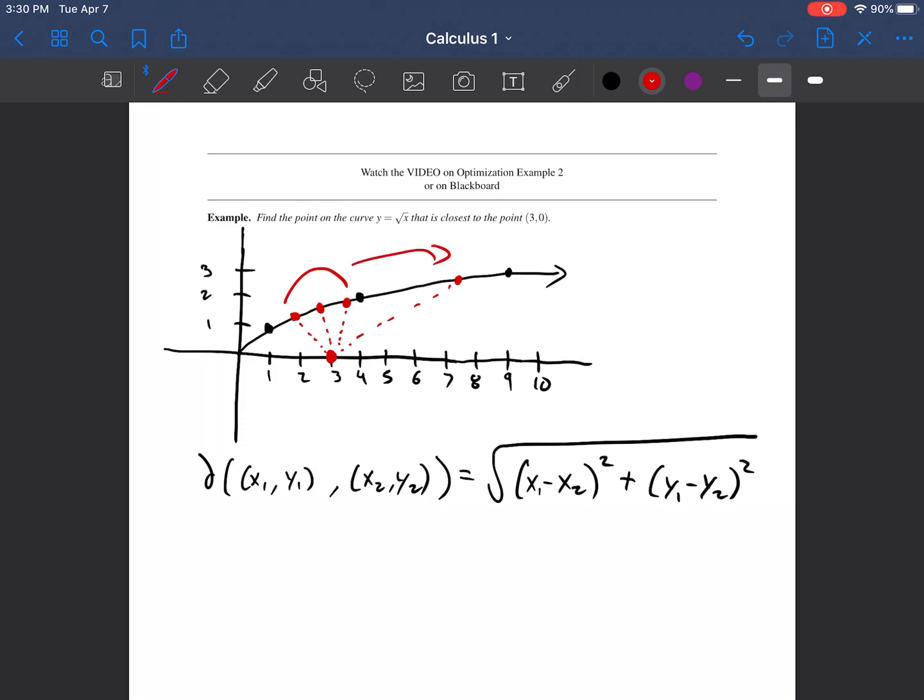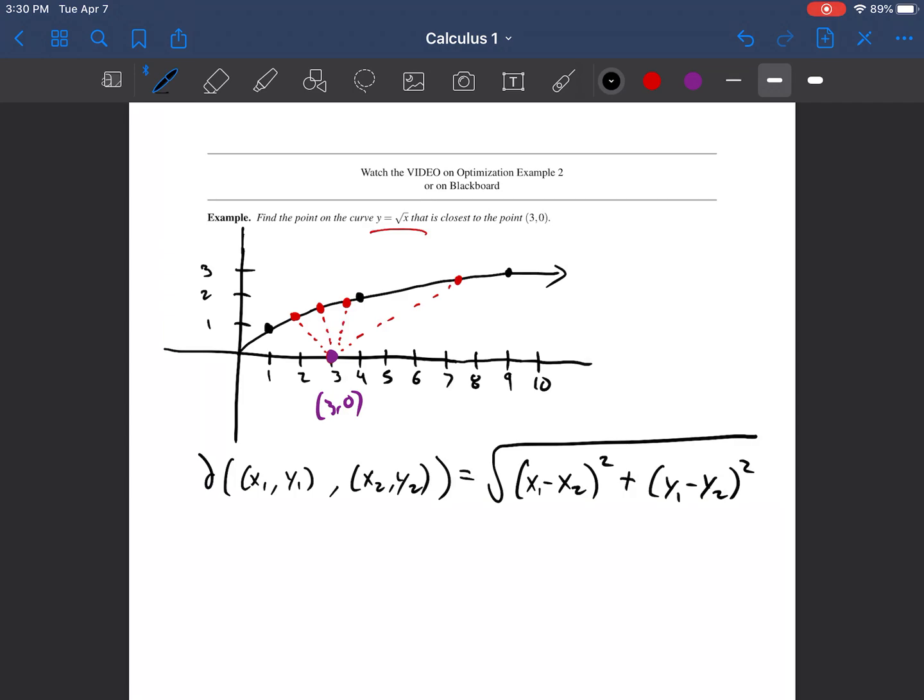So really, this is what it's asking: what point on the graph of this function is the closest to the point (3, 0)? In terms of labeling relevant quantities, we need the formula for the distance between 2 points.